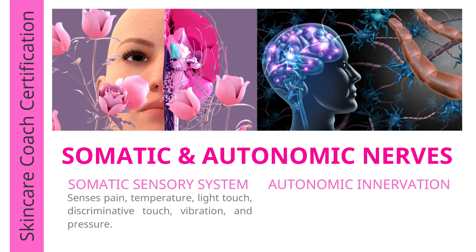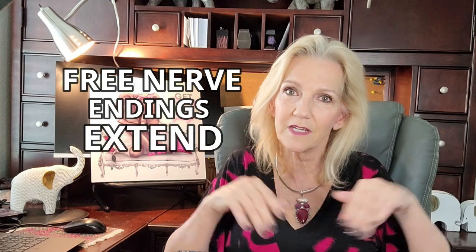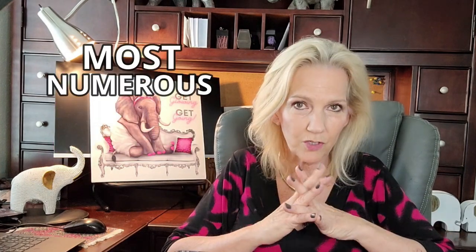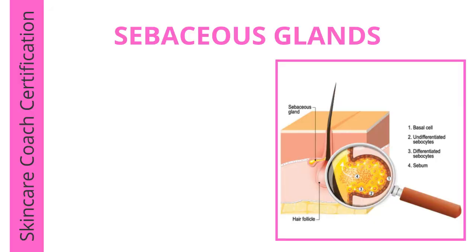The autonomic innervation is responsible for the control of the tone of vascular pilomotor stimulation at the hair root and sweating. The free nerve endings extend into the dermis and sense pain, heat, and cold, and they're most numerous in the stratum granulosum layer and surrounding most hair follicles. Now let's talk about sebaceous glands.